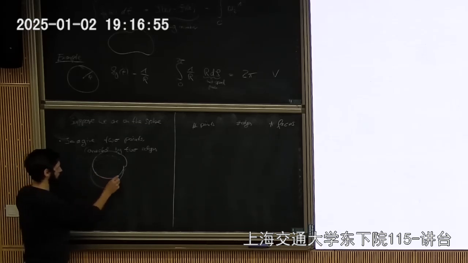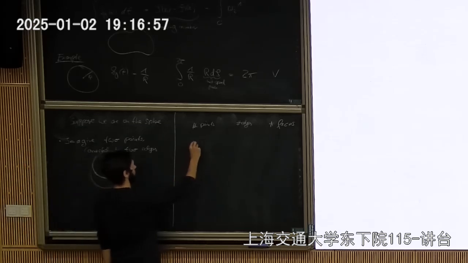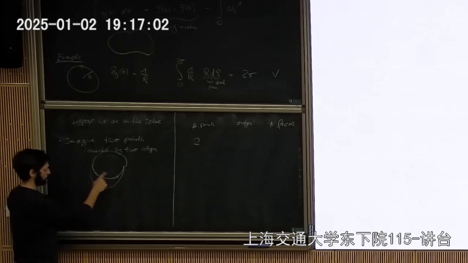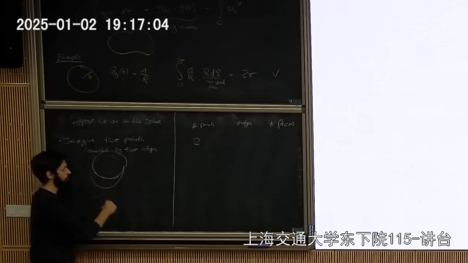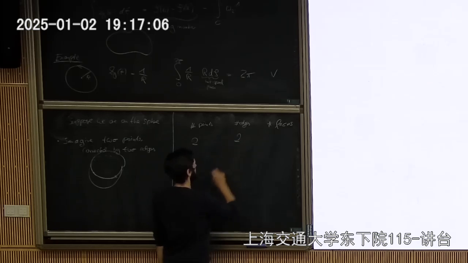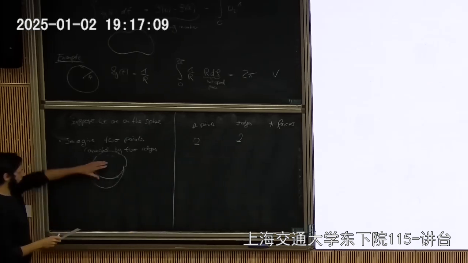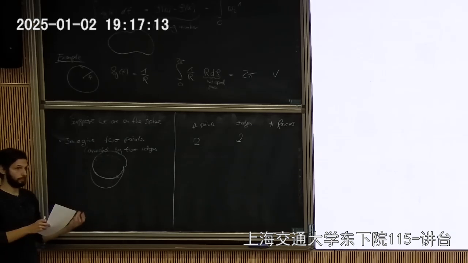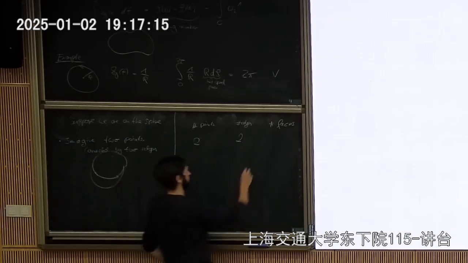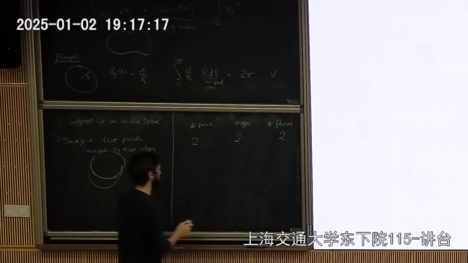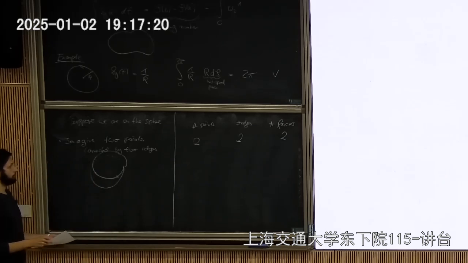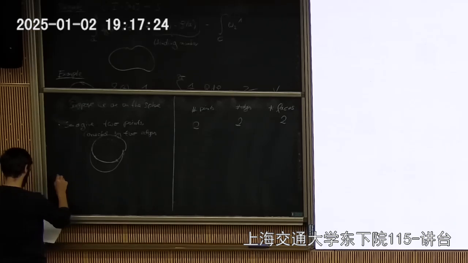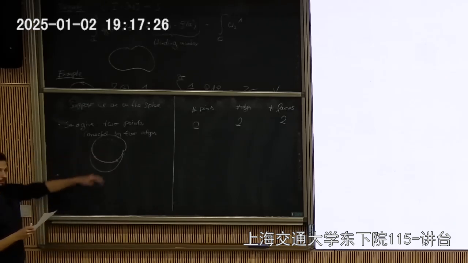We have two points, and two edges: this one edge and this other edge. And for faces, we have the upper half and the lower half, so two different faces that make up our surface. That's just the counting. And what happens now if you remove one edge?